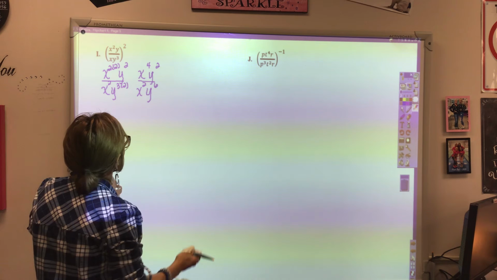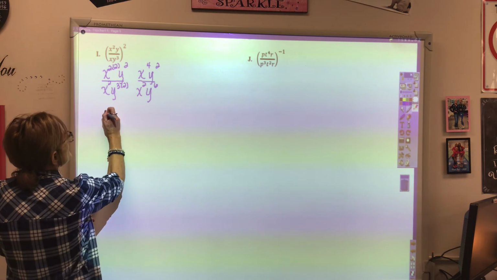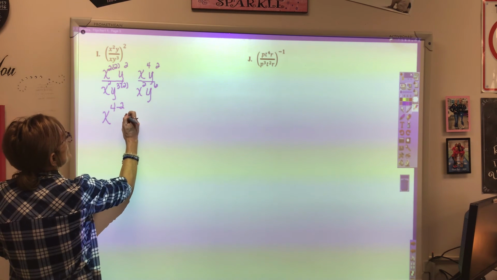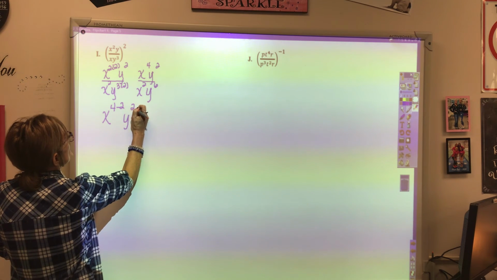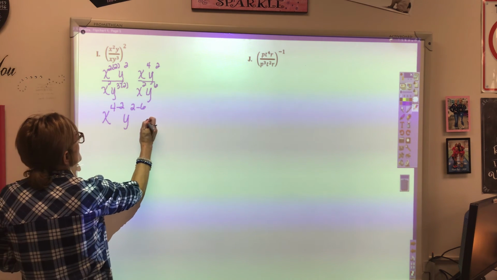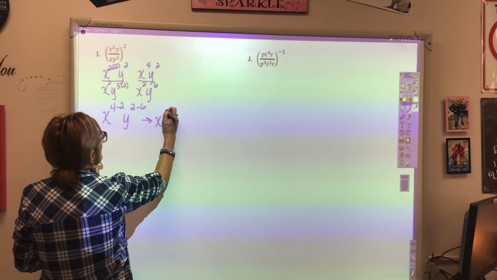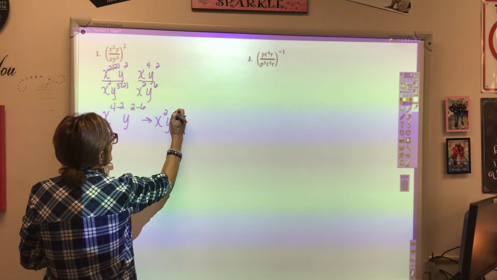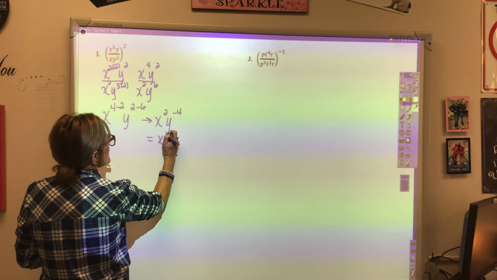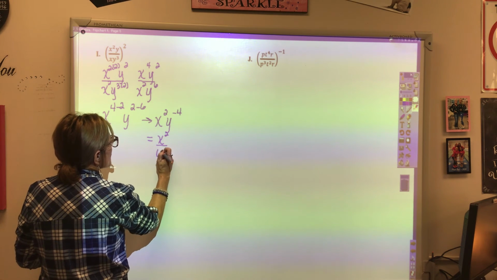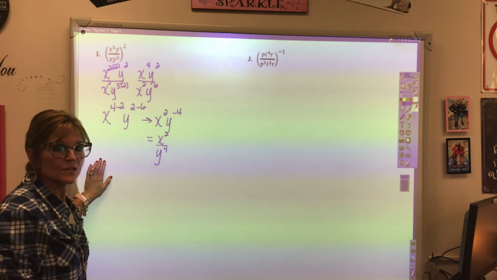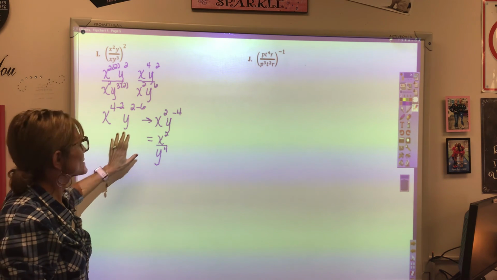Then we do our subtraction, so we would have x to the 4 minus 2, y to the 2 minus 6, which would give us x squared, y to the negative 4, which equals x squared over y to the 4th.